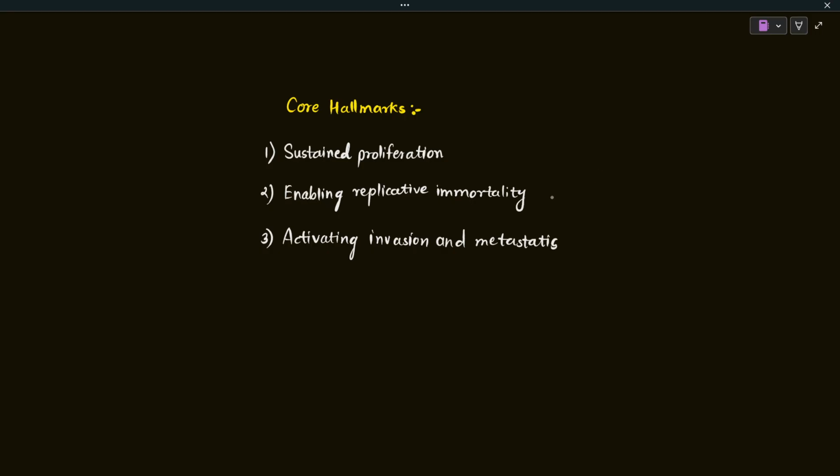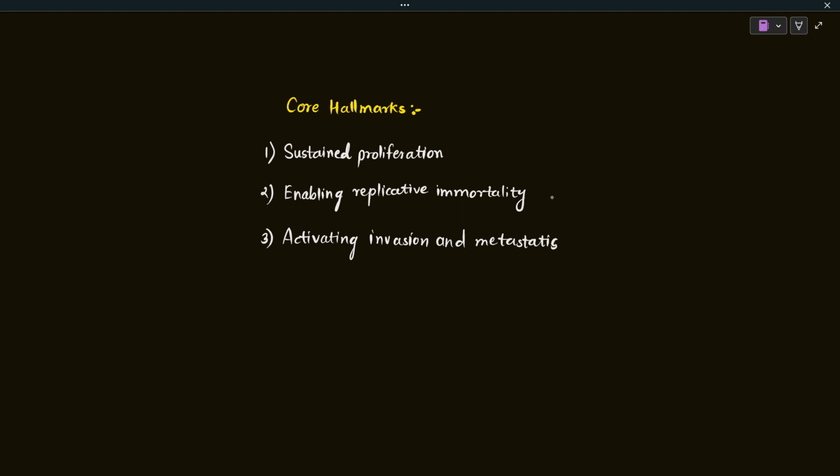Invasion means that certain cells can invade the surrounding or neighboring tissues. They need certain metabolic pathways and properties, such as anchorage independent growth, so that they can invade the neighboring tissues. Metastasis means that they can form a secondary tumor at a new location.